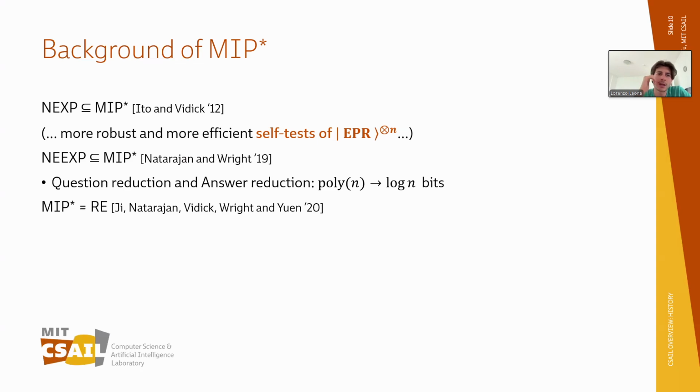Sorry to interrupt. I understand why this Natarajan and Wright result of 2019 is important, but proving that NEXP is contained in MIP star was already a big result.